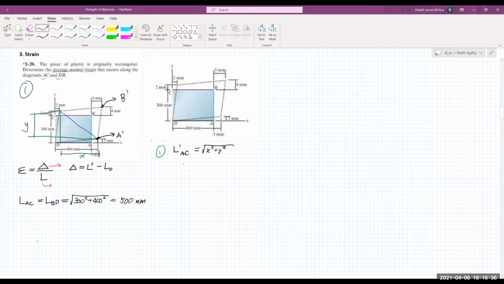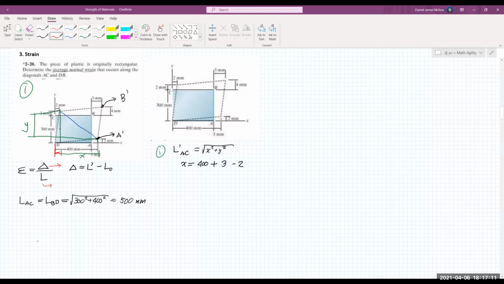Okay, so let's solve for the distance x. We have a 400 millimeter length AD. It will be stretched by 3 millimeters. So we have 400 millimeters plus 3 millimeters by looking at the figure at the x axis. But it shrinks by 2 millimeters due to the movement at joint C. So I'll show the 2 millimeters here.